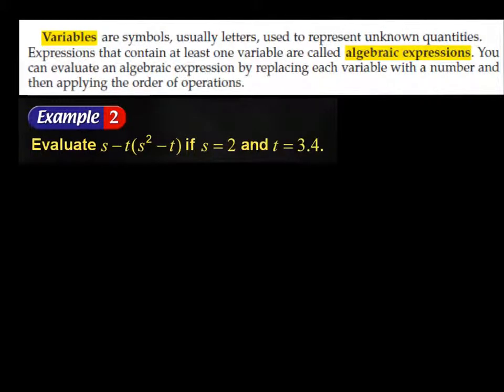So to evaluate, we're going to substitute 2 in for S, and 3.4 in for T. So every place there's an S, I need to substitute in a 2, and every place there's a T, I need to substitute in a 3.4.